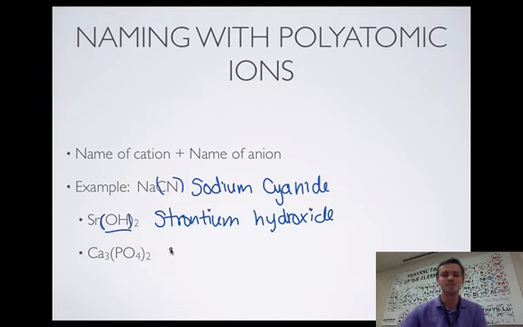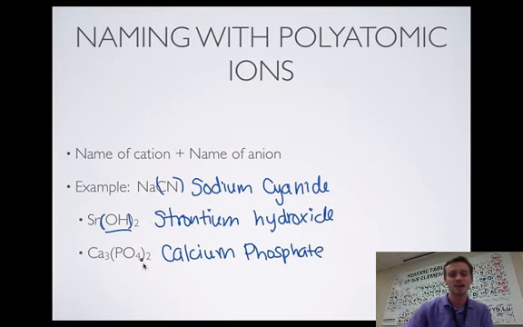Okay, this last example here, that's calcium, which I'd find on my periodic table. Then I look at my polyatomic ion list, and I find that PO4 is phosphate. Okay, and because there's more than one of them, I'm going to put my polyatomic ion in parentheses. That's why you see it that way.